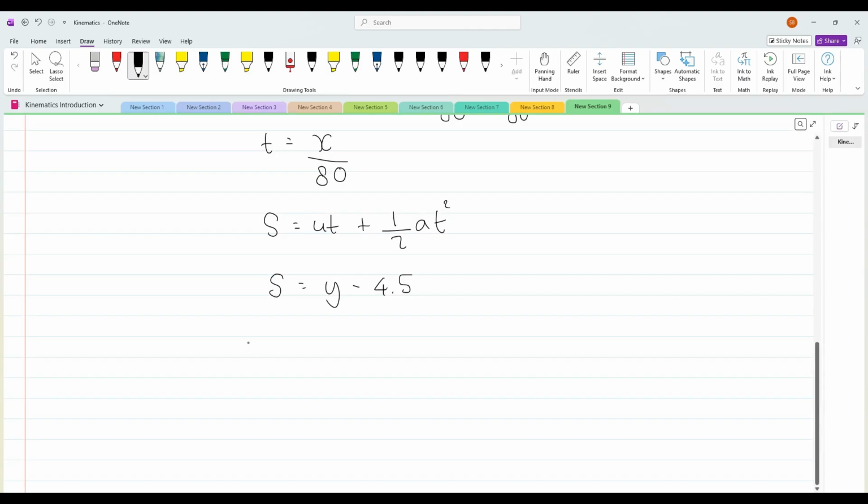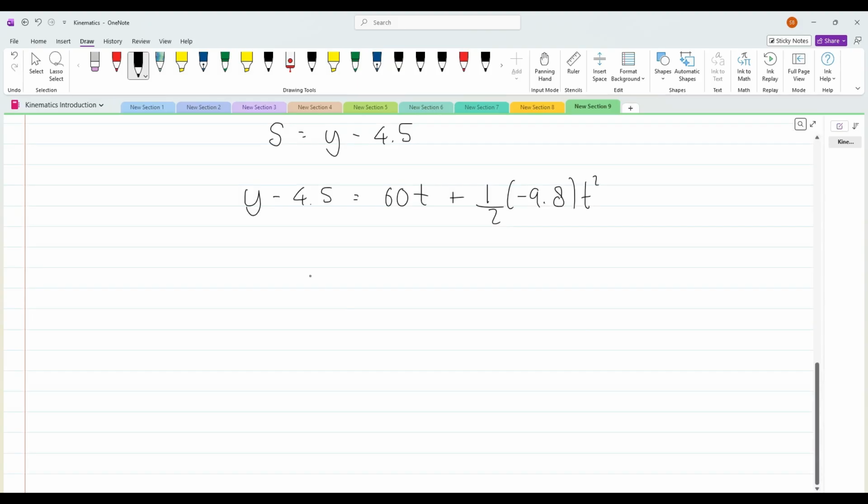So we have y minus 4.5 equals 60 t plus half the acceleration due to gravity minus 9.8 times t squared, which gives us y minus 4.5 equals 60t minus 4.9t squared.